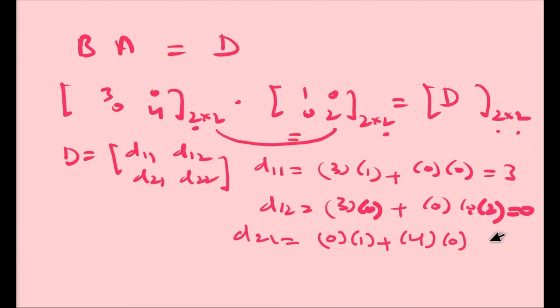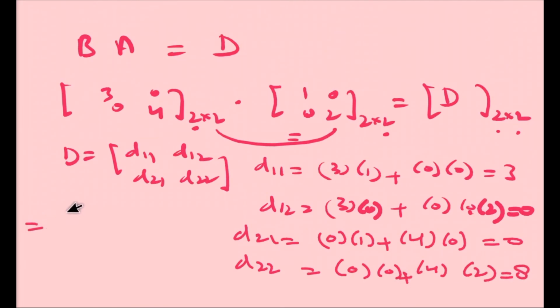We are getting here 0. D22: second row 04, row of this and column of this. So 02 second column 02. Now add it, we get 8.